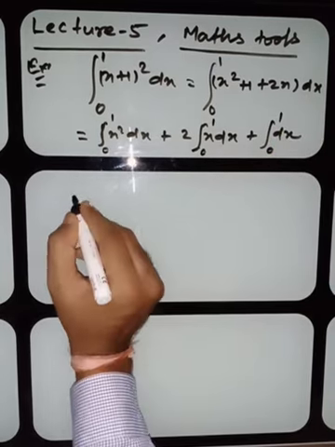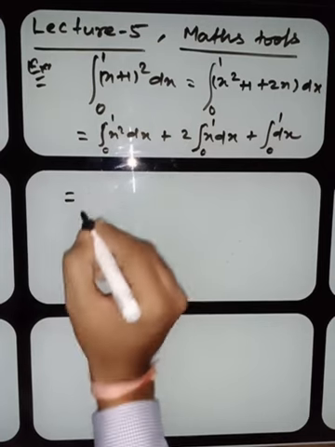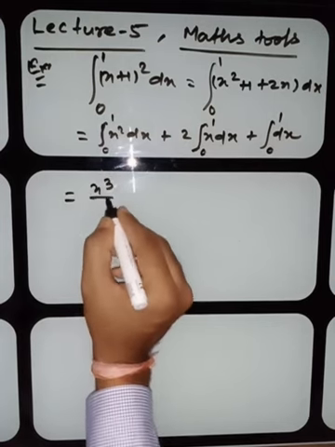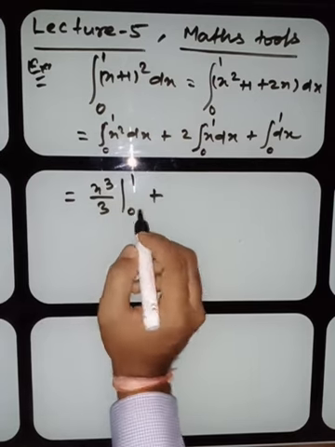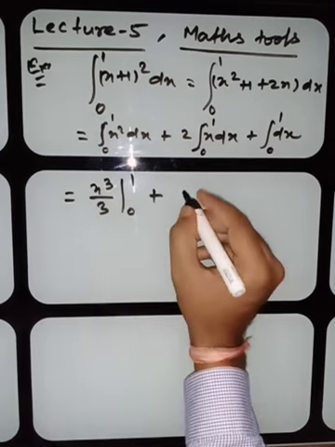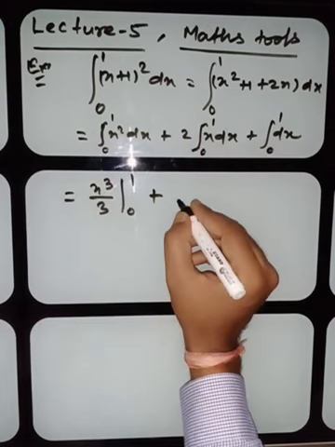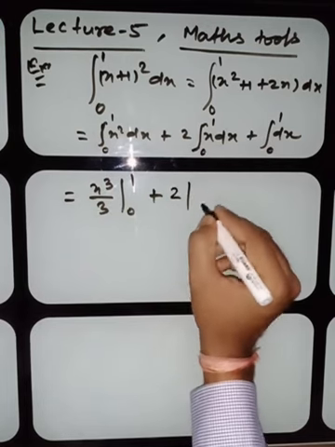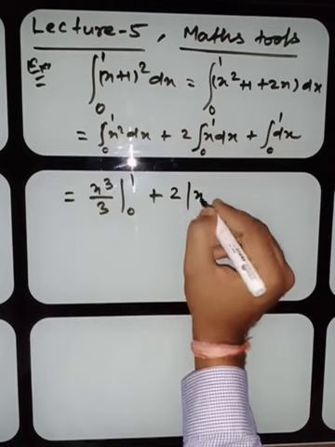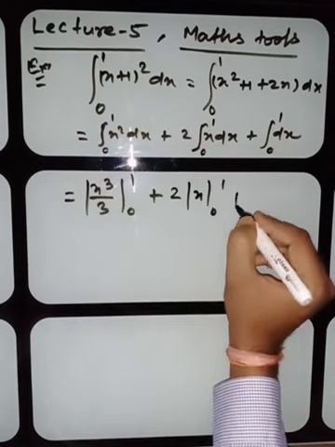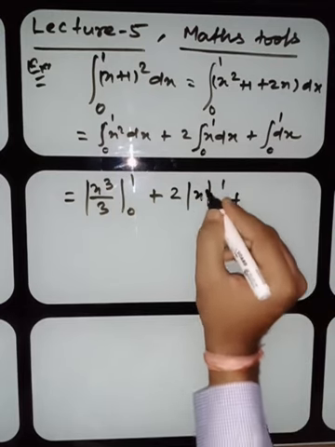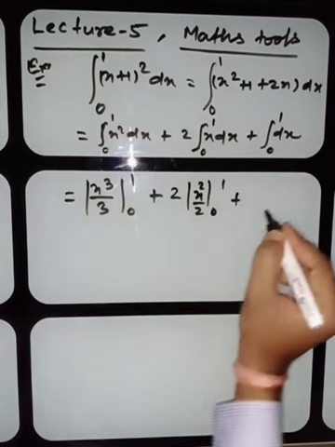Now it is x cubed by 3, from 0 to 1. You can use one side bracket also, single bracket. Plus 2 times x from 0 to 1, plus, here x square by 2, I think, no? Yes.